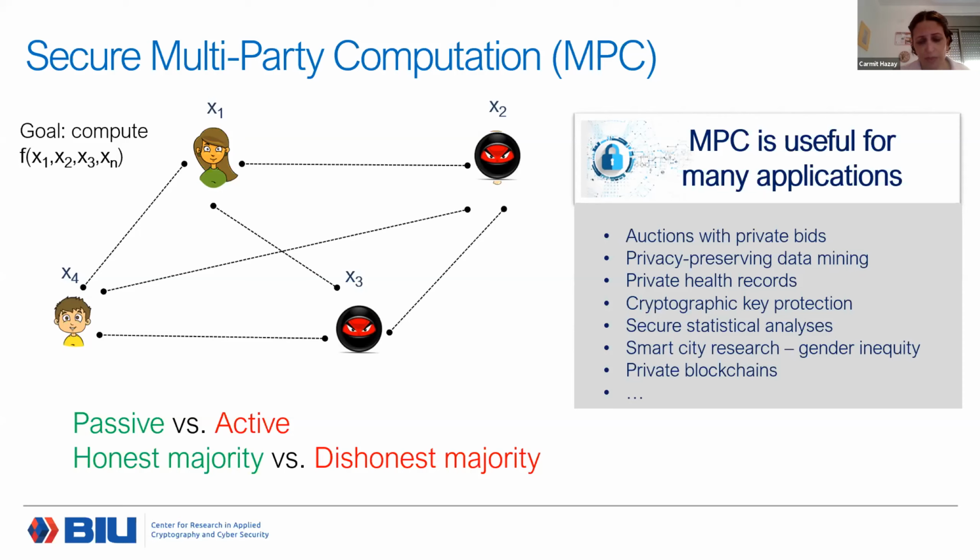And in this work, I'm going to focus on the two-party setting with passive security. Amplification to active security can be done using existing tools. And by now, we also know that MPC has many important applications like auctions with private bids, privacy-preserving data mining, and so on.